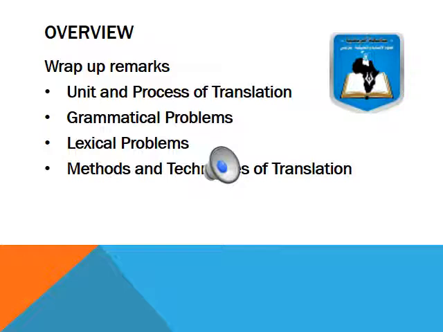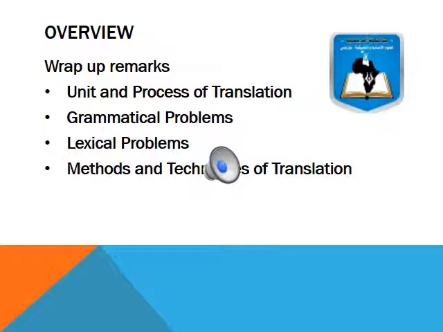And also we talked about the methods and techniques of translation, the approaches, how we do a translation, modulation, free translation, dubbing, and others. We looked into these in our previous lectures. I think in lecture number 7 we looked at so many different ones.